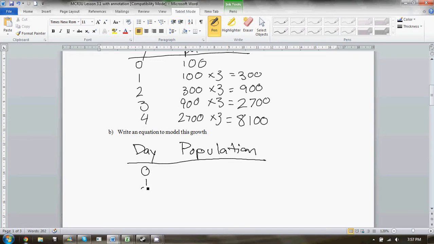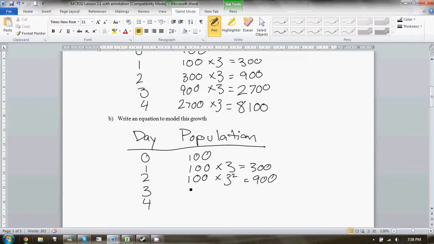So 0, 1, 2, 3, 4. Here I have 100. Here I have 100 multiplied by 3. Here I have 100 multiplied by 3 to the power of 2. So here I'll have 300. Here I'll have 900. 100 multiplied by 3 to the power of 3 is 2700.